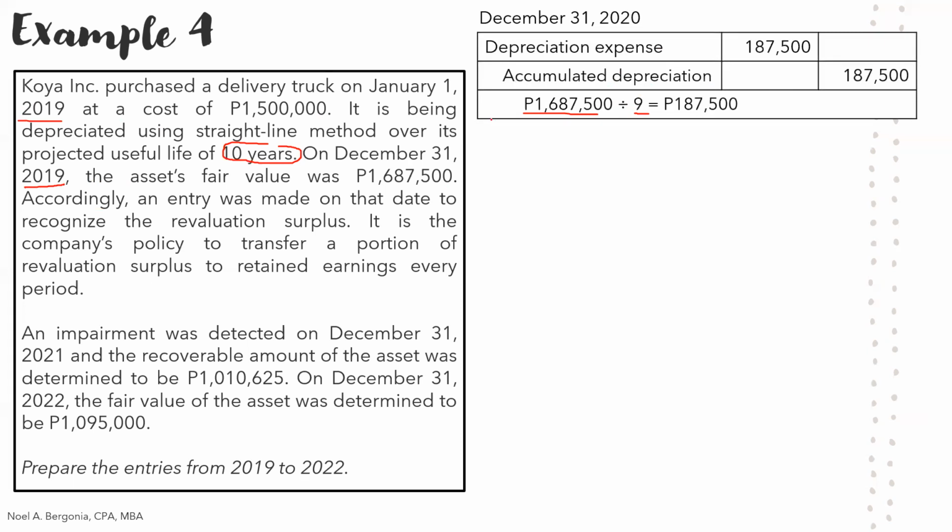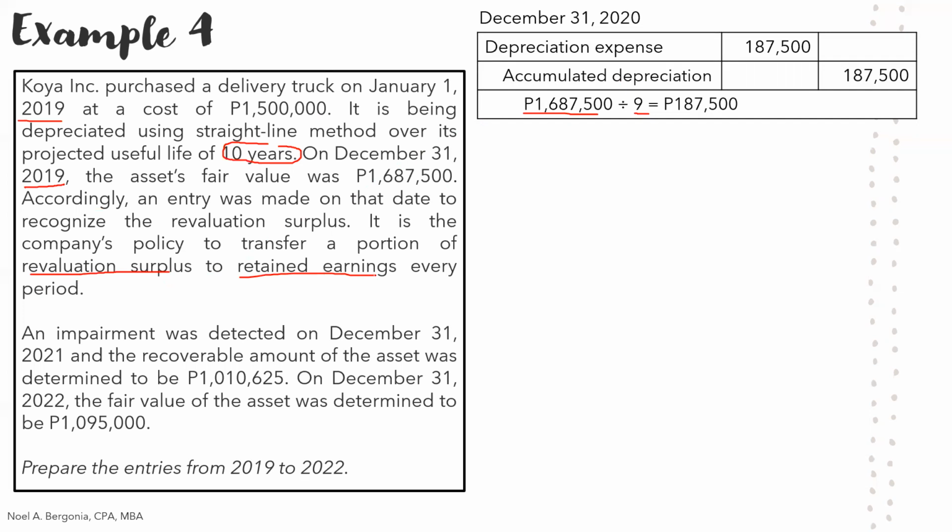Then remember, we need to transfer a portion of the revaluation surplus to retained earnings. Okay? So ito, meron na tayong old depreciation at saka new depreciation. Dati kasi in the discussion of the measurement after initial recognition, hindi ako nakapag-example na comparison nun para doon sa piecemeal transfer. No?